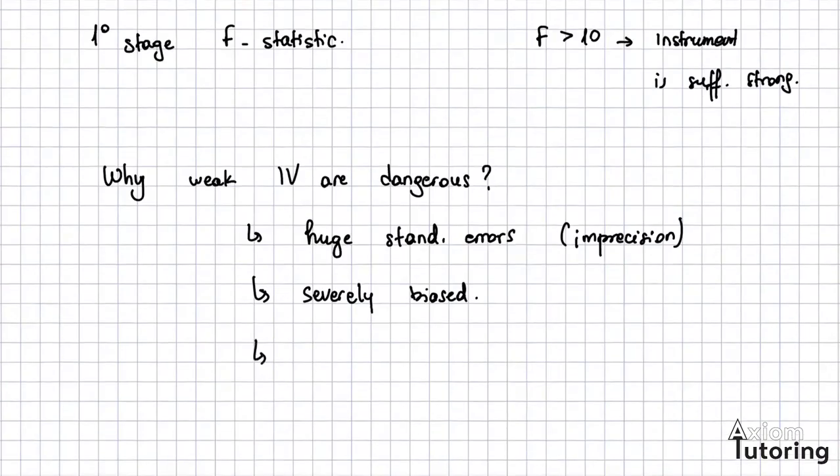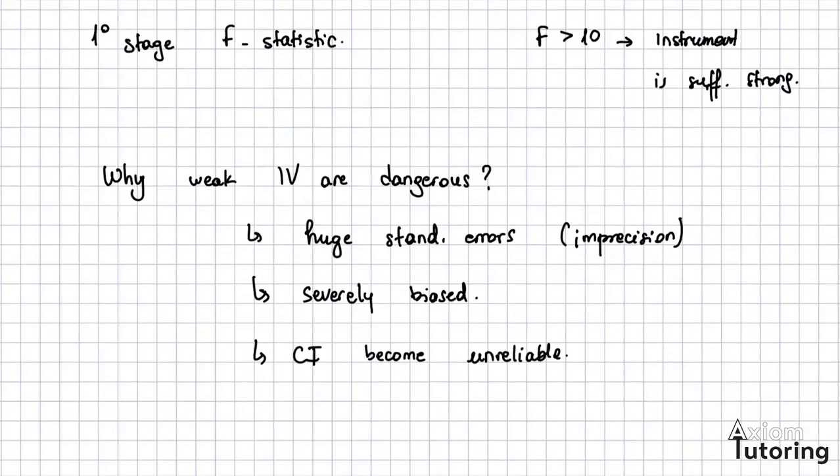And ultimately, confidence intervals also become unreliable. So a weak instrument doesn't just give you a noisy estimate, it can give you a biased one, which entirely defeats the purpose of using the IV.